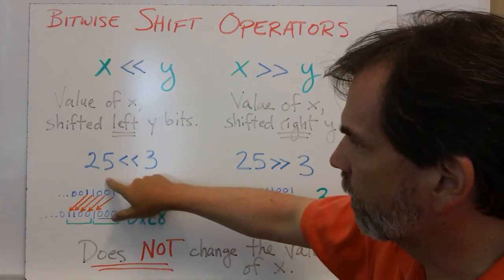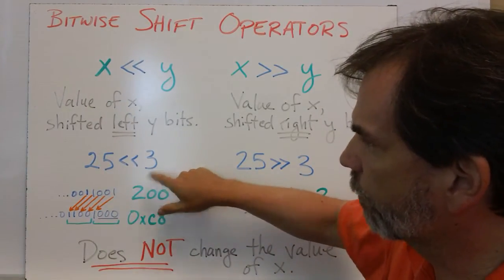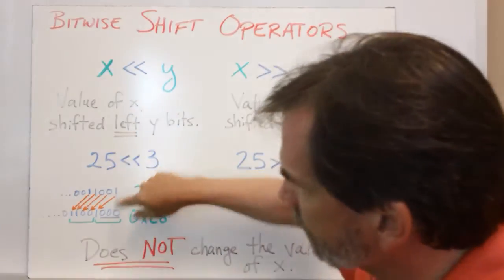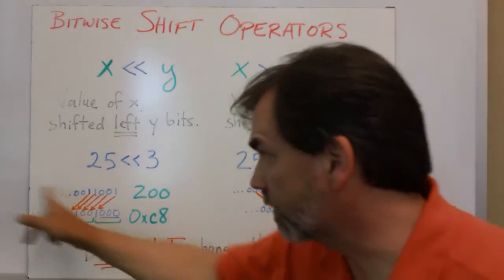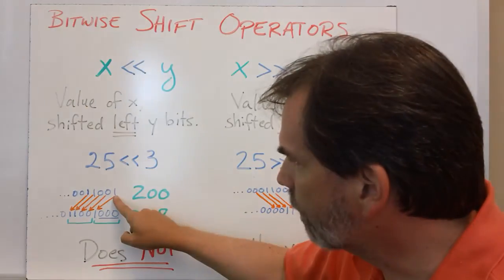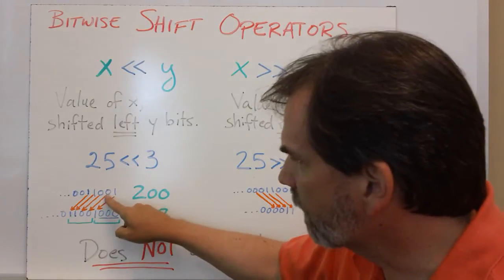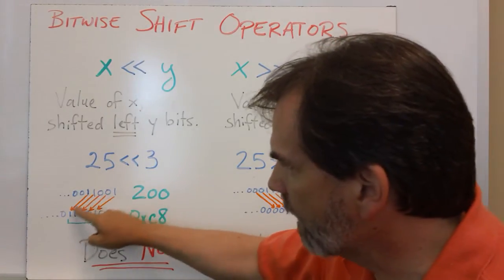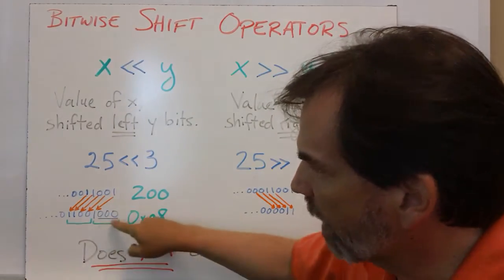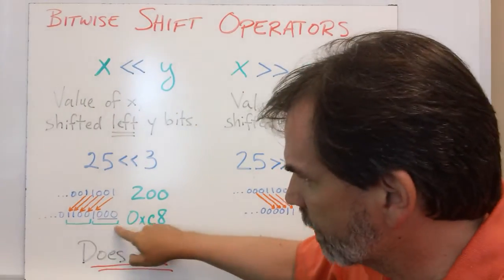Let's say we have the number 25, we left shift it by 3 bits. So here I've written the binary representation of 25. It's got a bunch of zeros out here to the left. And we just take this bit and we shift it over 3. We take this and shift it over 3. And we do that to all the bits in the number. That leaves us with 3 empty spaces over here, and we fill those in with zeros.